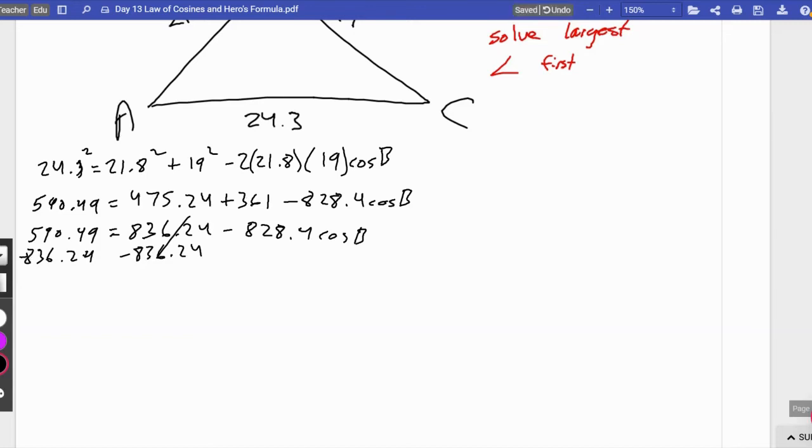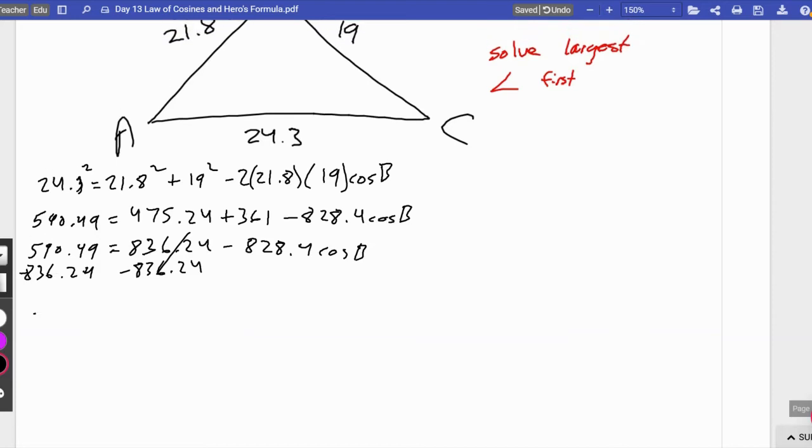So this is 590.49 minus 836.24. And I got negative 245.75. Keep in mind that over here, what's left over is a negative of subtraction. So you have a negative 828.4 cosine of B. Now we're almost there. We can get cosine of B by itself if we divide by this number.